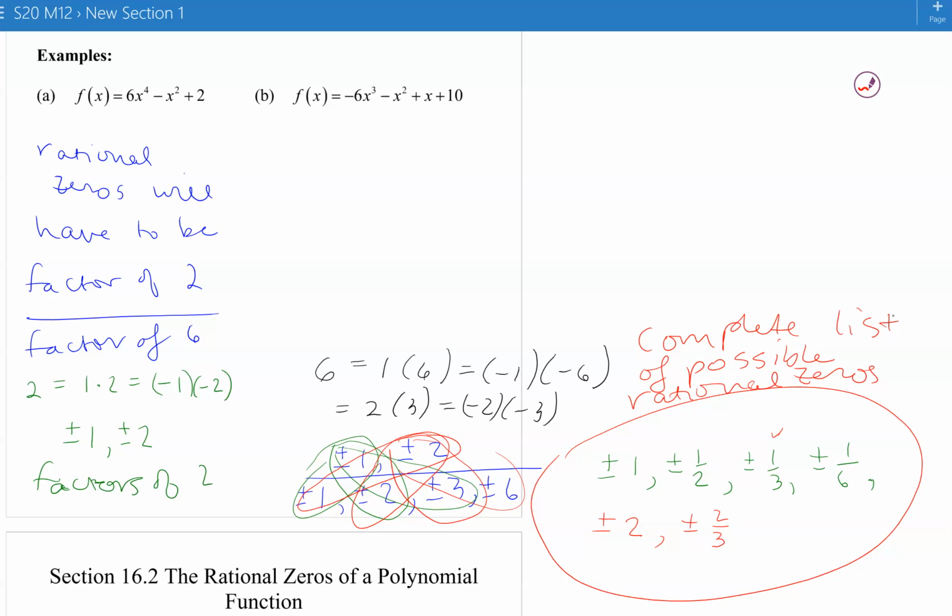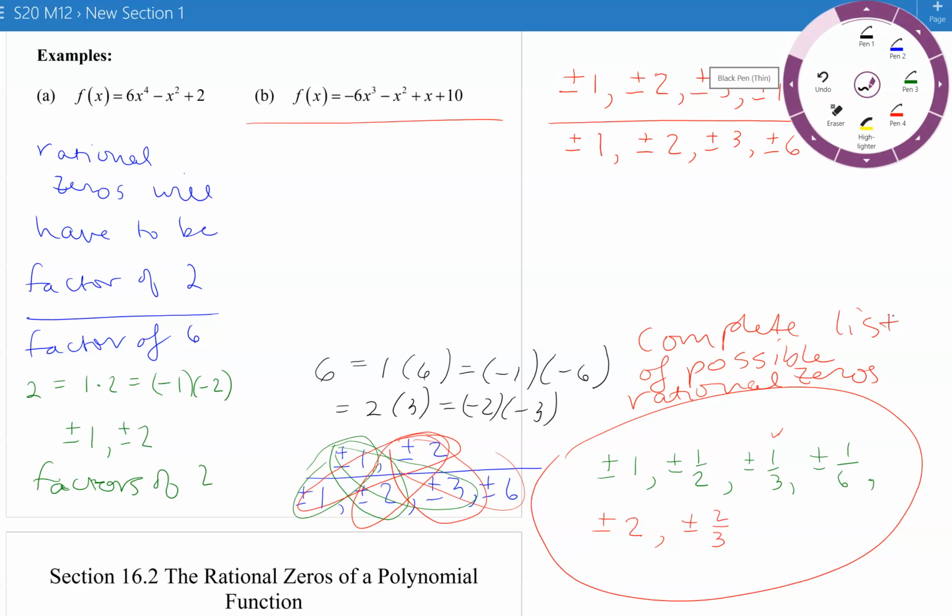Okay, so let's do the same thing for b, where we know we'll have factors of 10 in the numerator, plus or minus 1, plus or minus 2, plus or minus 5, plus or minus 10, over, have a 6 as the leading term, so plus or minus 1, plus or minus 2, plus or minus 3, and plus or minus 6.